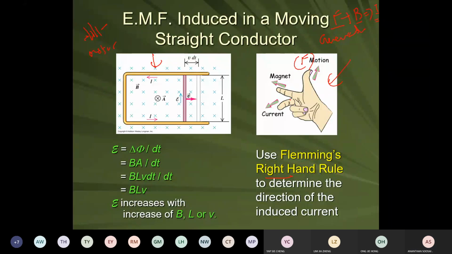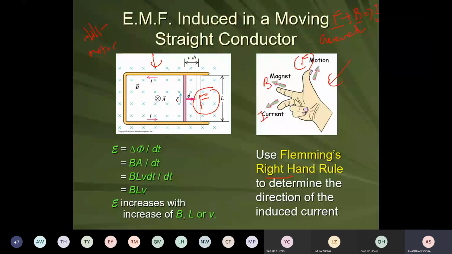Your index finger is your magnetic field, B, and your middle finger is your current. Now look at this diagram. The bar is moving to the right, so the force is to the right. The magnetic field is into the page. Which direction should the current flow? Use your Fleming's right-hand rule now. F, B, I. Point your thumb to the right for F. Your magnetic field is into the page, so your index finger must point into the page.